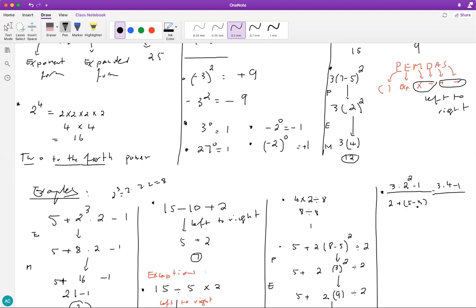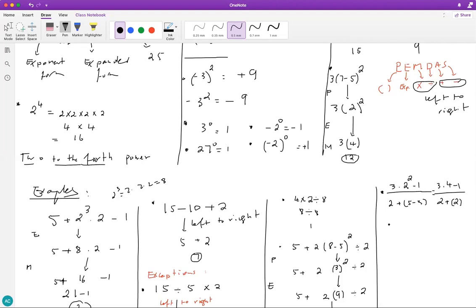What do you do first here? What's in the parentheses, which is 5 minus 3, and we get 2. Then 2 plus 2. Exactly. So we're doing this first. 5 minus 3, that's 2. You can put that in parentheses, but this is an explicit addition. It's not a multiplication. It's an addition, so it stays addition.